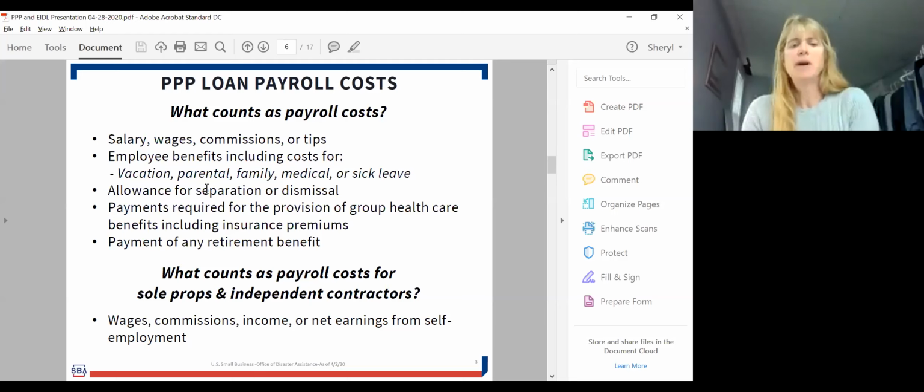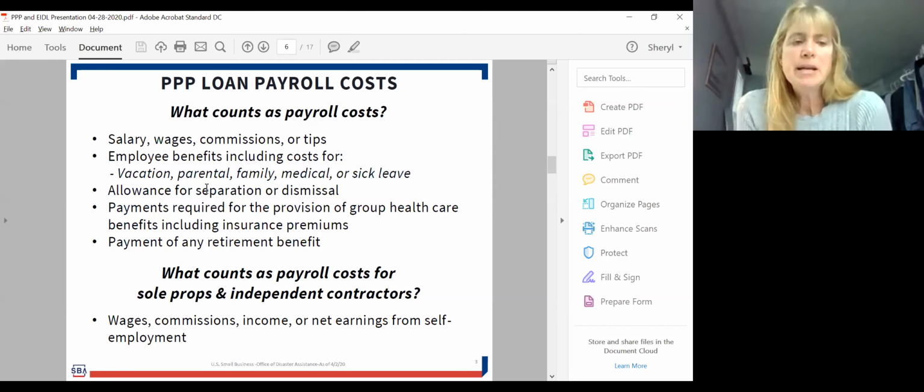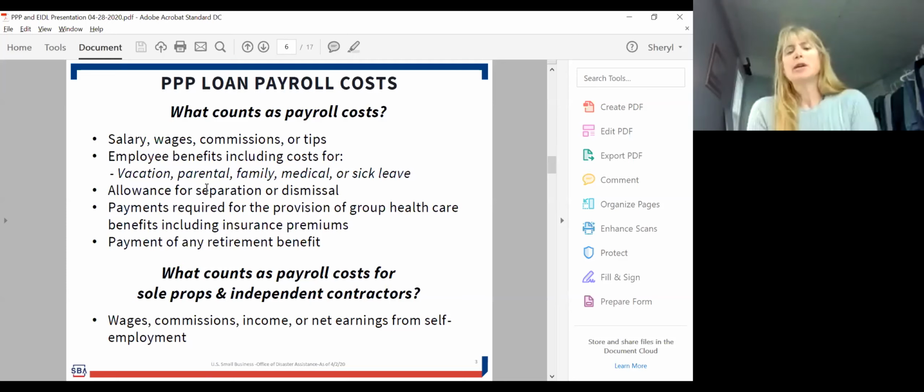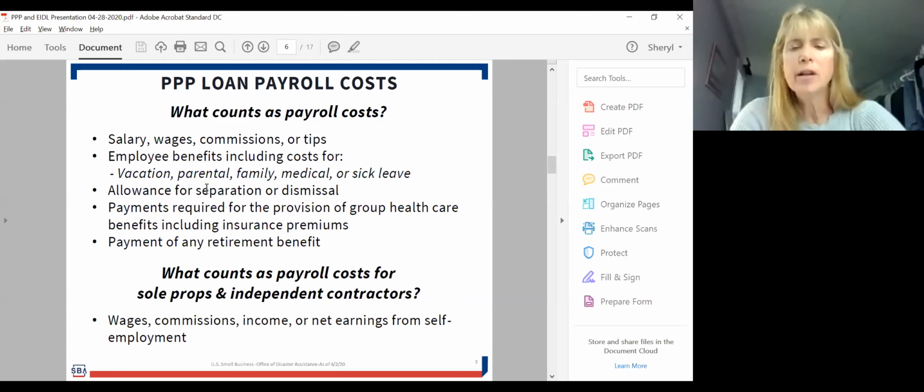What counts as payroll for sole proprietors and independent contractors? This was a biggie. A business that operates with employees, but also has contractors that are paid with a 1099. Those workers that are paid with a 1099 are included in the qualification of what makes you a small business.